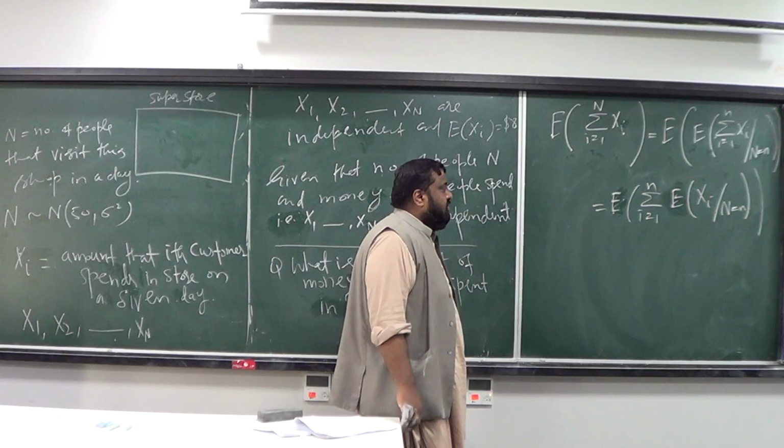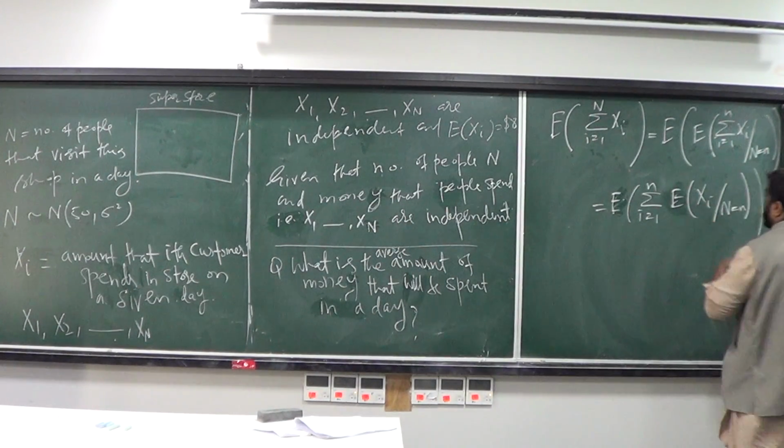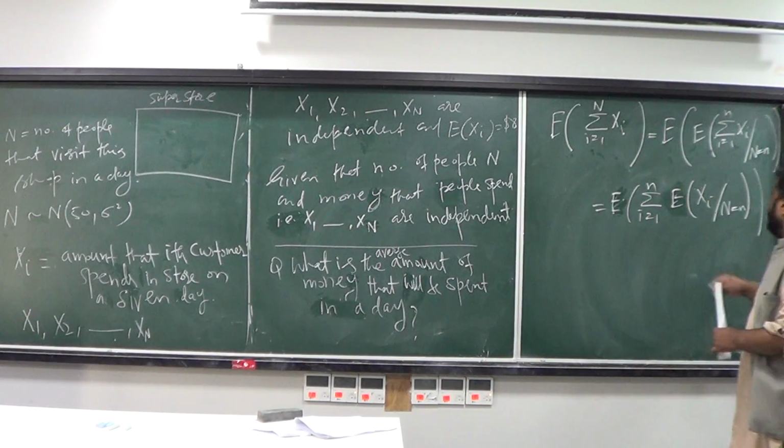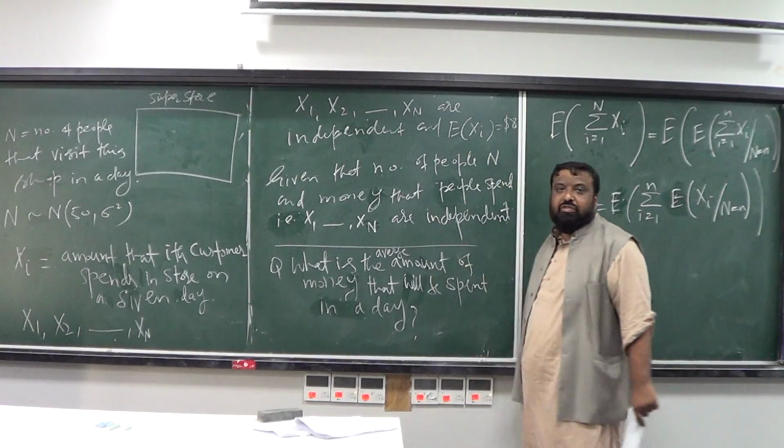So we know this. Now, what we know about these expectations is that these spendings and N are independent of each other.